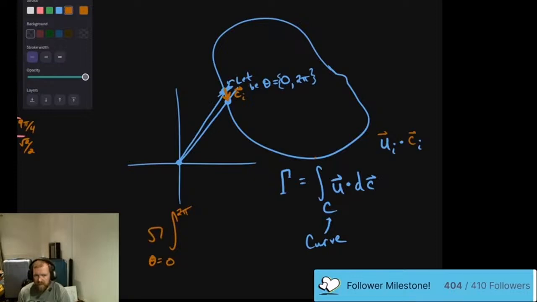Okay, so your omega is just a constant that comes out. r squared times dc.